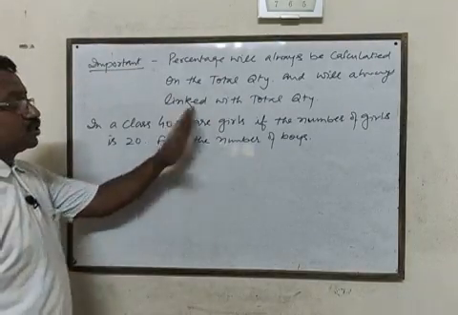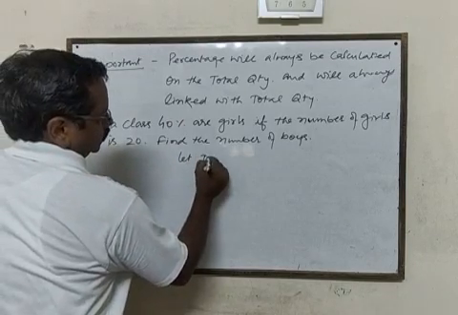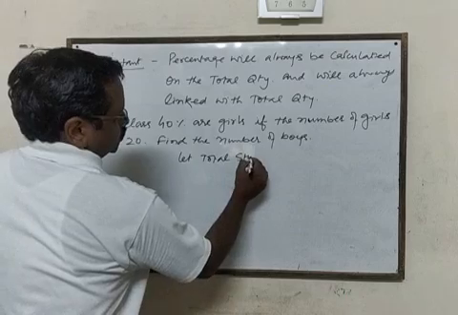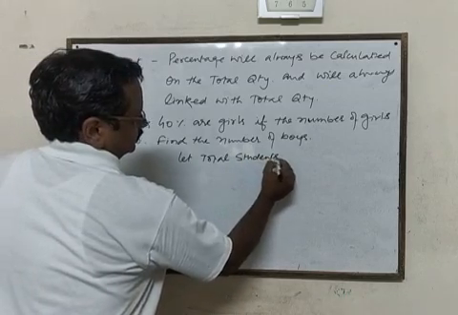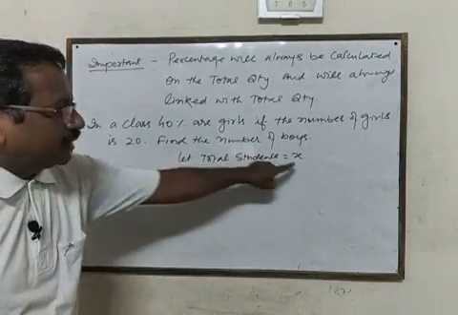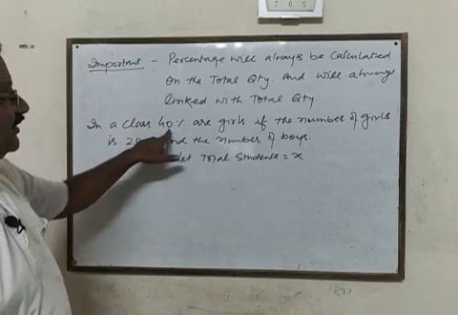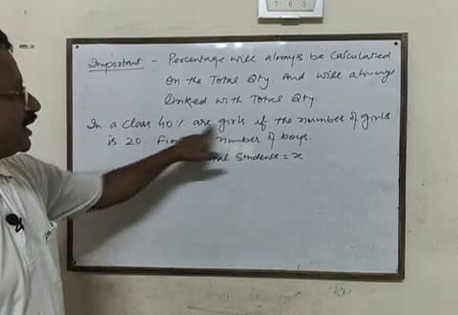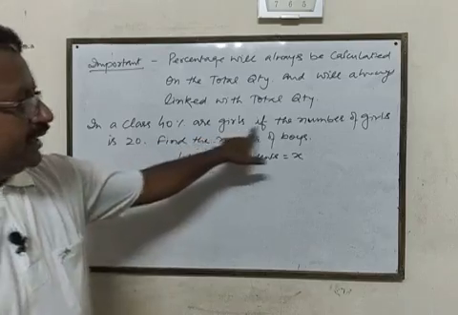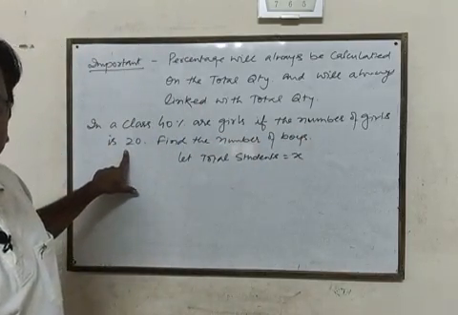We will suppose the total student is equal to X. Let total student is equal to X. Now 40% of this X is equal to 20, because these are also girls, 40% girls, and the number of girls is also 20.